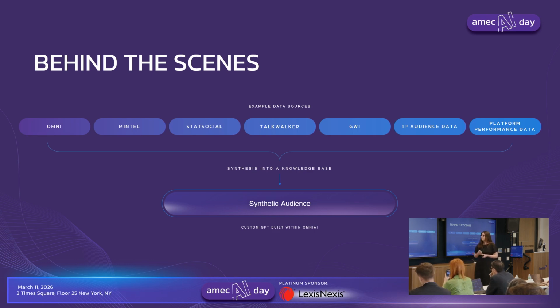So it can be Omni, which is within Ketchum, our own system with sales data and a lot of survey data as well. It can be something from Mintel, so more on the market research side. StatSocial, that's one of our social behavioral platforms where we're learning about not just what people are saying in surveys, but how are they actually acting in their behaviors on social media, who are they following.